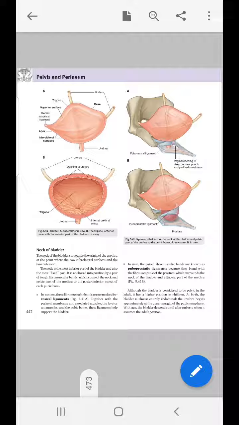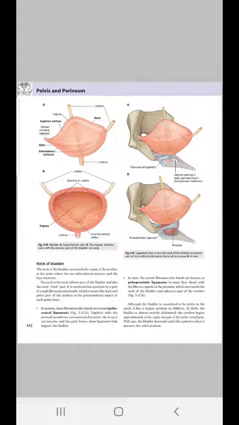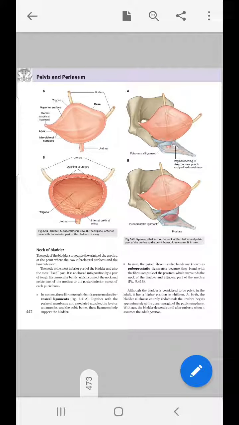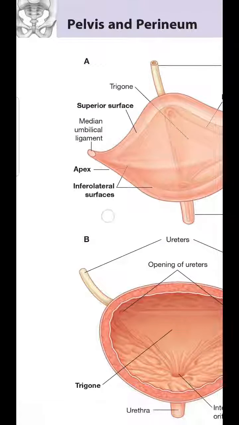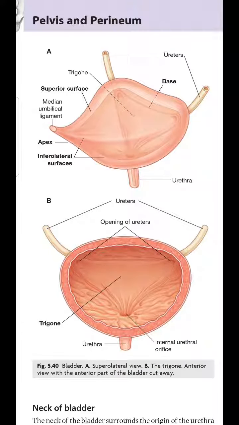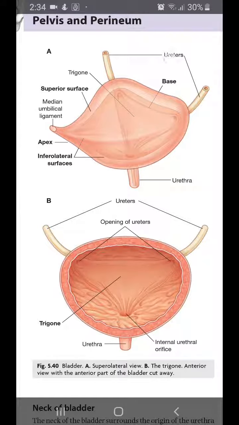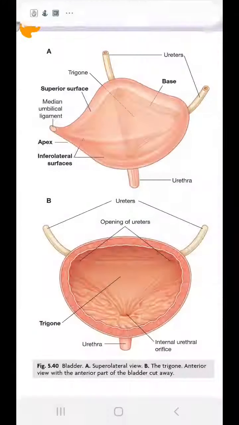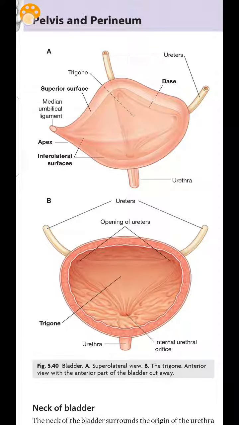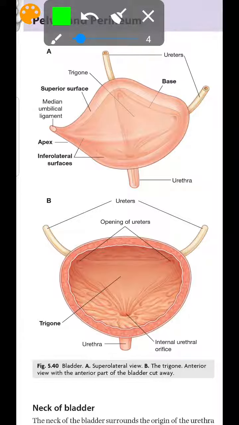The shape of the bladder is like a tetrahedron, like a pyramid, and it has an apex and a base, a superior surface, and two inferior lateral surfaces. Here is the apex, and this part which is situated posteriorly, this triangular part, is the base.